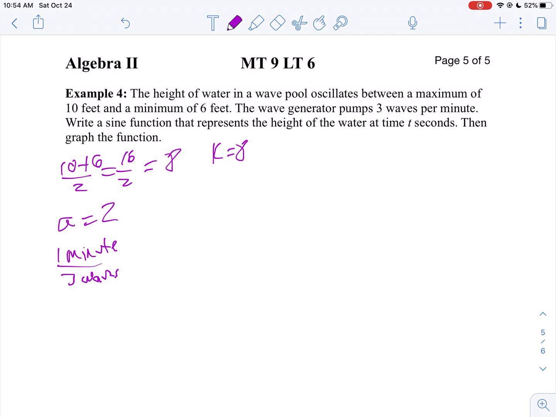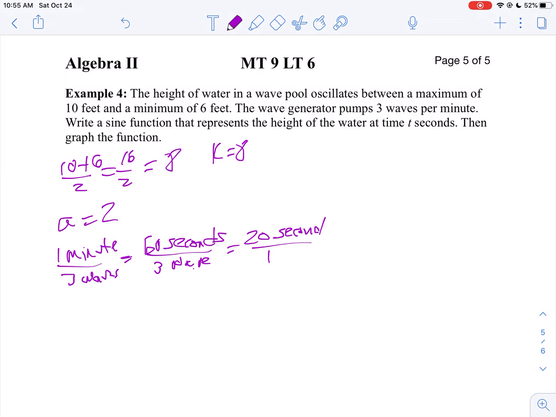Well, let's put this in terms of seconds. So in 60 seconds, there are 3 waves. In other words, we have 1 wave every 20 seconds. So that's my period. So my period is 20 seconds.